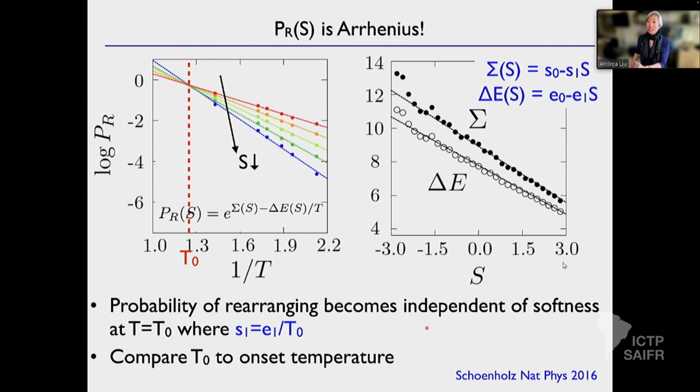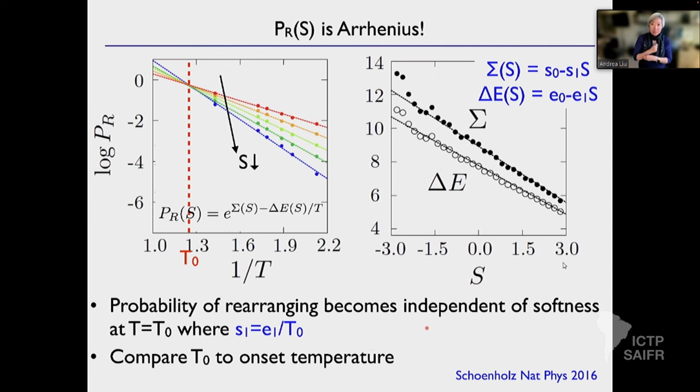These results suggest a picture, and the picture is that at a high enough temperature, you don't care what the local structure is. You have enough fluctuations that you can rearrange whenever you want to. It's only below this onset temperature that how easy it is to rearrange depends on how your neighbors are arranged, the strength of your cage. And that becomes more and more important as you lower the temperature. So that's the picture that emerges from these results, rather than something we could have said a priori.